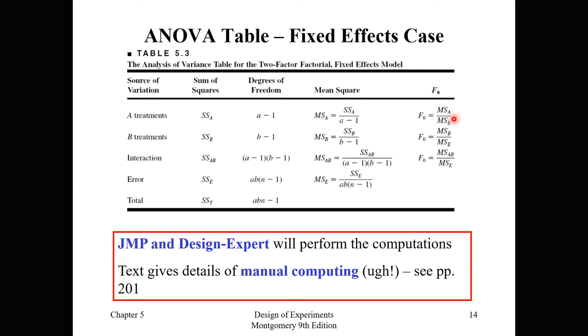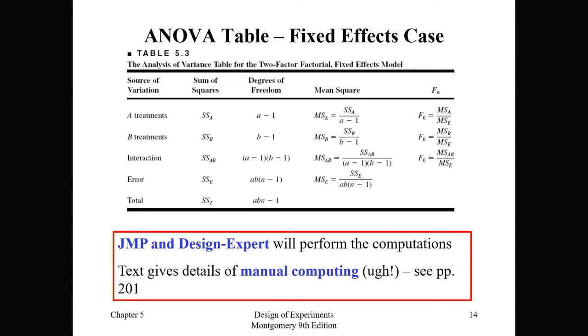So all of these are tested with reference to the mean squared error. We can test factor A and factor B, which now we care about, so we do want to run this test, and because this doesn't represent a restriction on randomization, this test is valid to run. And we can run the interaction test as well to determine a statistically significant interaction.